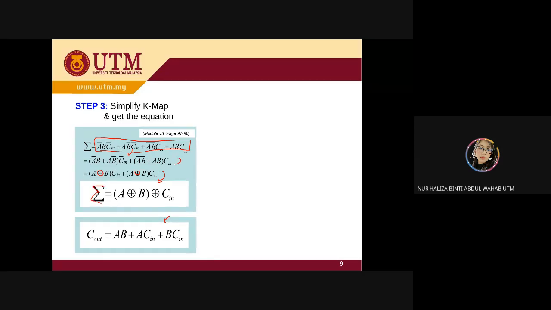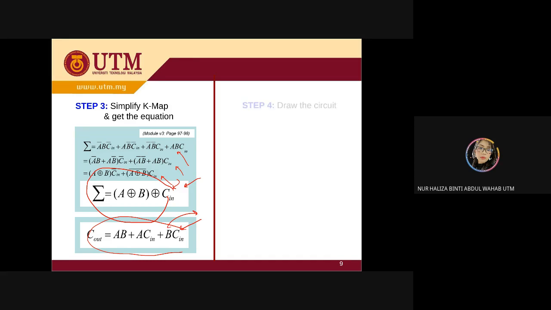You can try to do it step by step. But for the final answer, without derivation, you need to memorize this and this. In terms of derivation, you need to know how to simplify it and how it's derived. And from here, of course, when you have the Boolean expression, you can come out with the circuit.